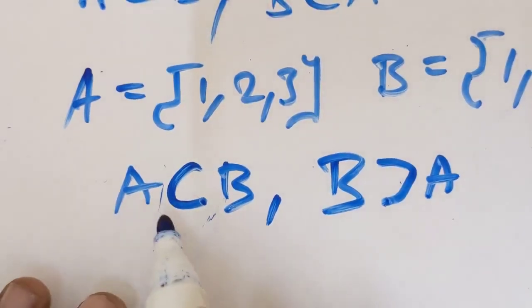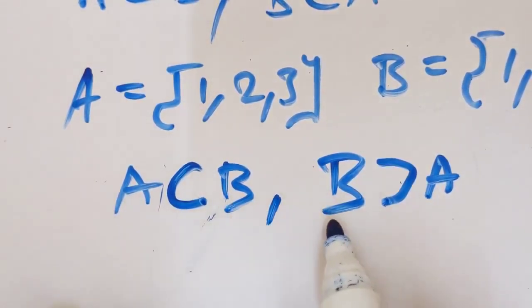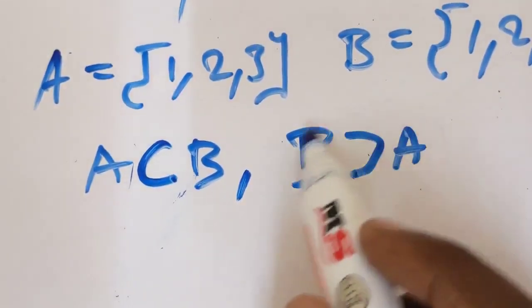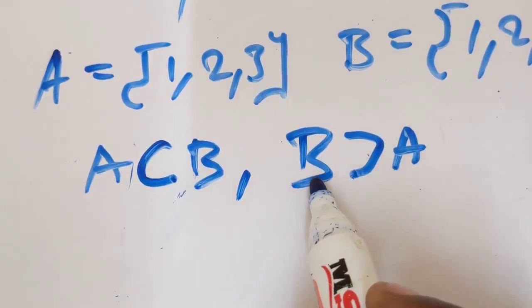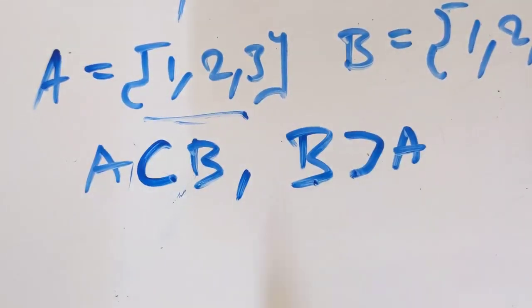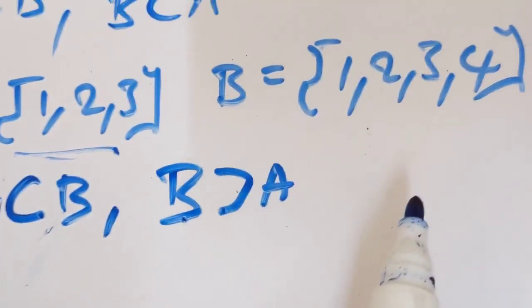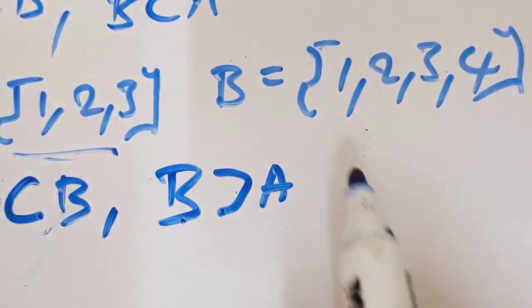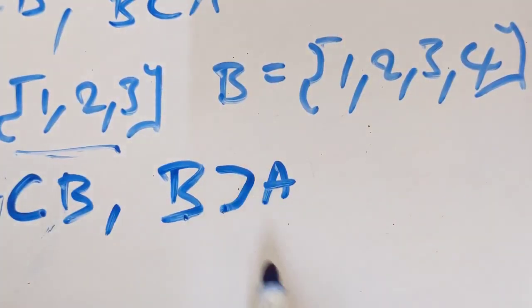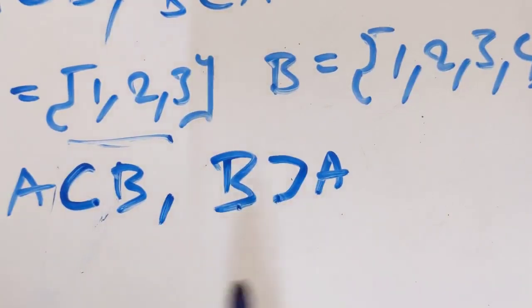A is a subset of B, and B is a proper subset of A, because B has elements that are in A, and there is also another element there which is not in A. So A is a subset of B, because it contains all the elements of A, and at least one element which is not in A.